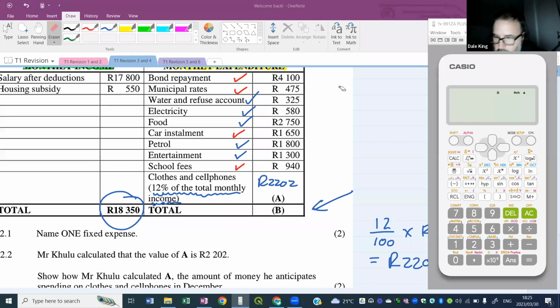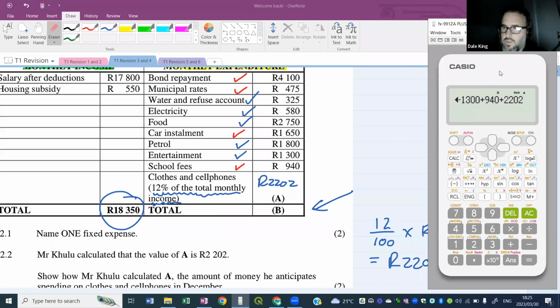Okay, so while the answers are coming in, I'm going to start doing it on my calculator. So 4100 plus 475, plus 325 plus 580 plus 2750 plus 1650 plus 1800 plus 1300 plus 940 plus 2202.